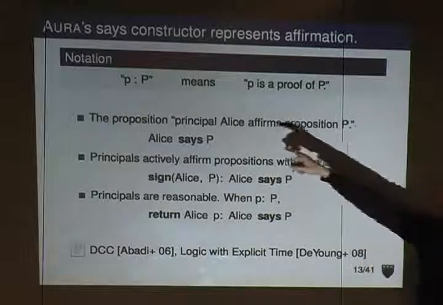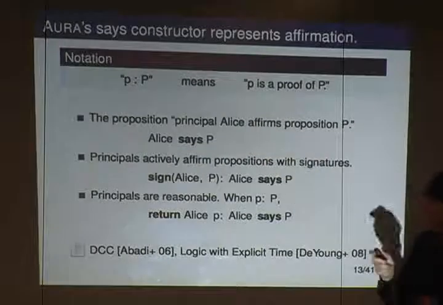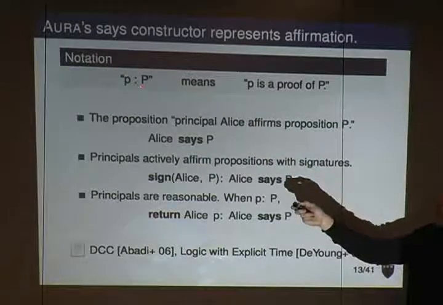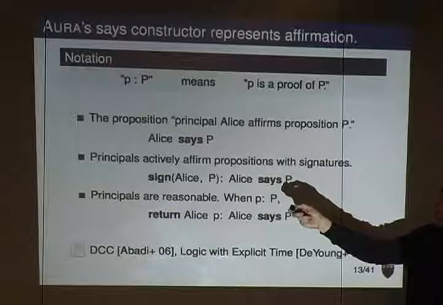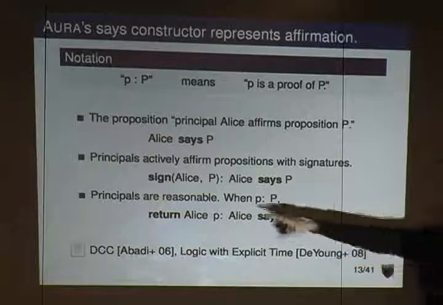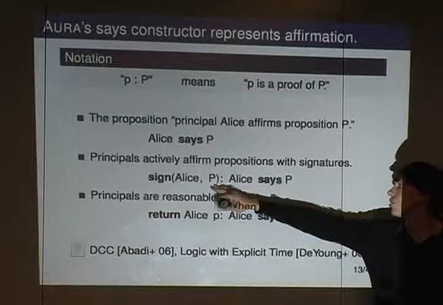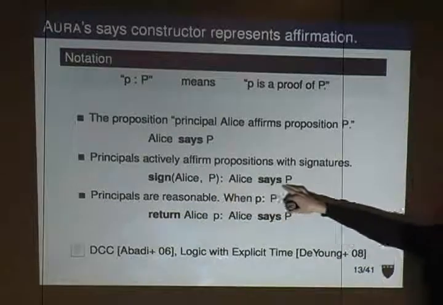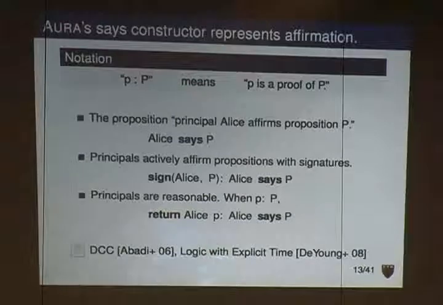I'm going to use this notation of a colon to say this is a proof of that. So little p is a proof of big P. And if we put Alice's signature on a statement, then that's a proof that Alice says that statement, that Alice affirms it. So that's one way that we can get Alice to affirm something.